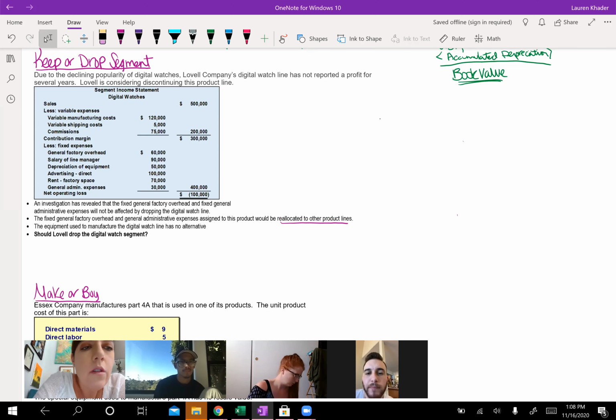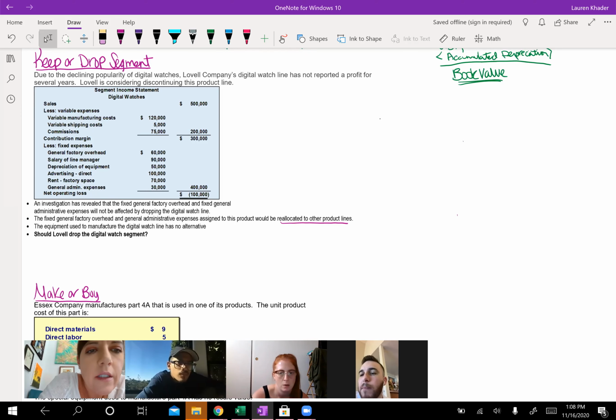So due to declining popularity of digital watches, Lavelle Company's digital watch line has not reported a profit for several years. Lavelle is considering discontinuing this product line. So here's the segmented income statement, just the income statement for this one segment, their digital watch line.